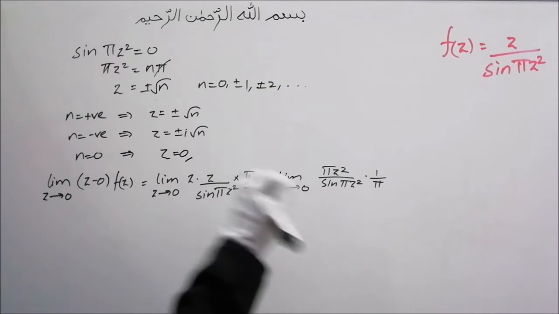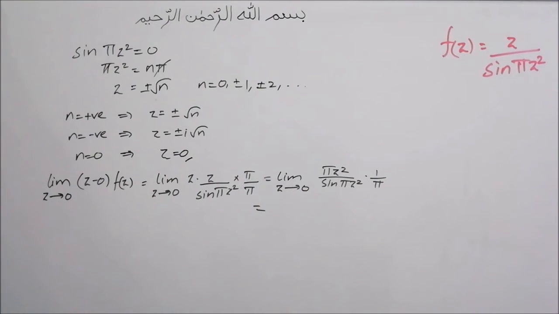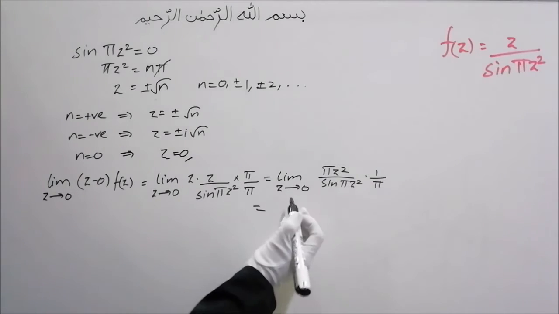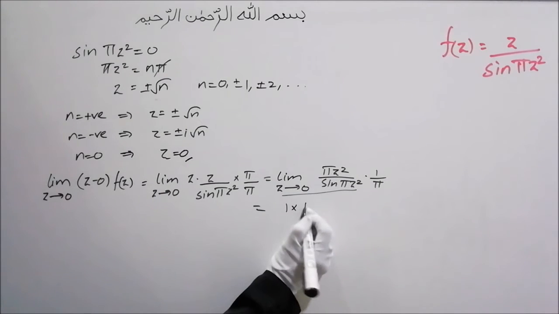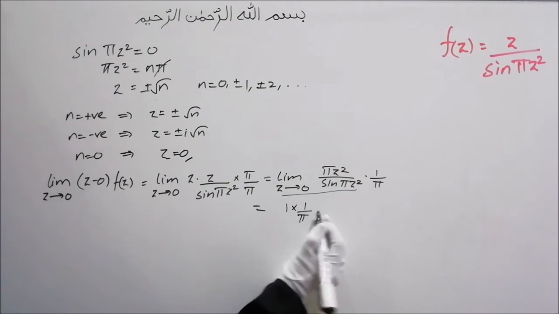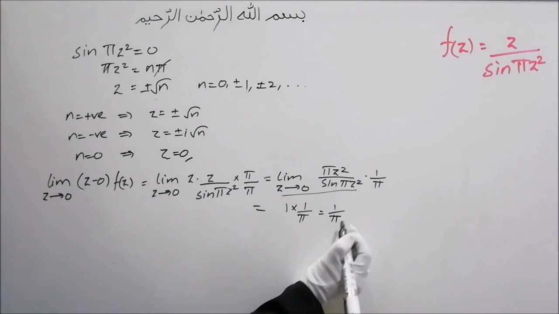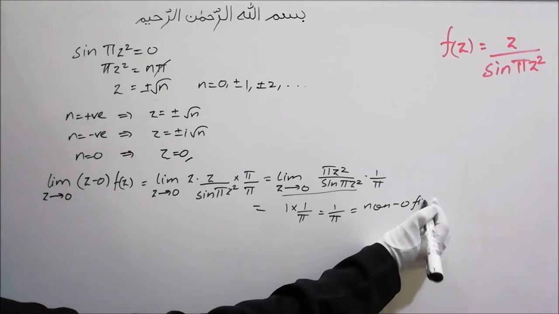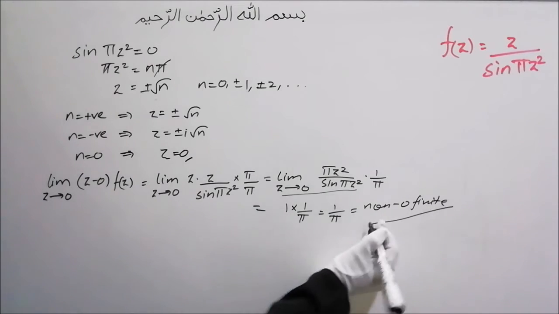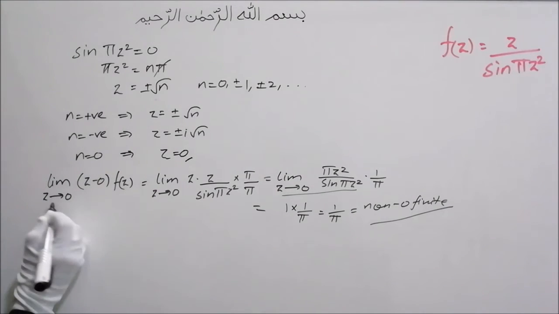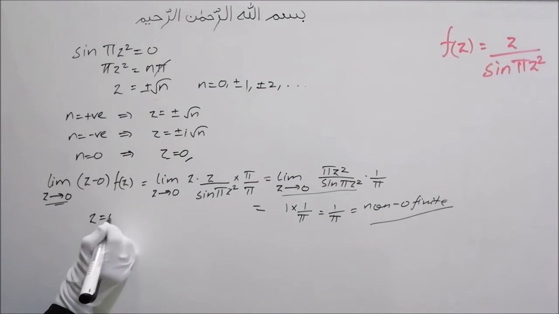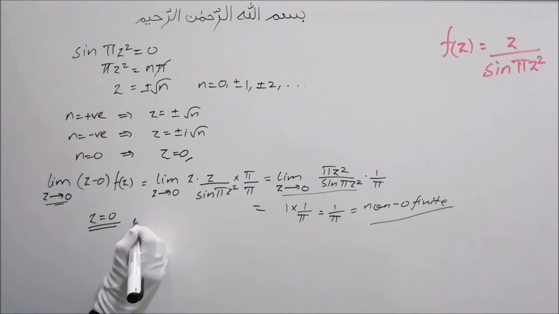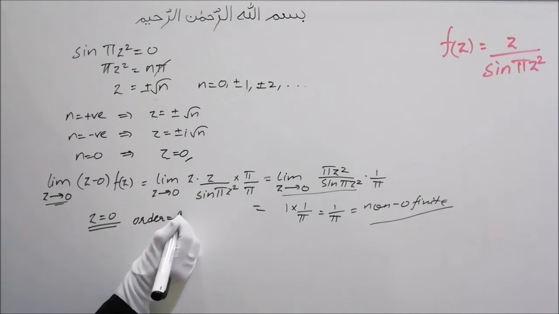And we know limit z tends to 0, z upon sine z is 1. So this limit is 1. 1 into, this is a constant term, it will come out 1 by pi. This is 1 by pi. This is a non-zero finite value. Therefore, we can say that z equals to 0 is a pole of order 1.